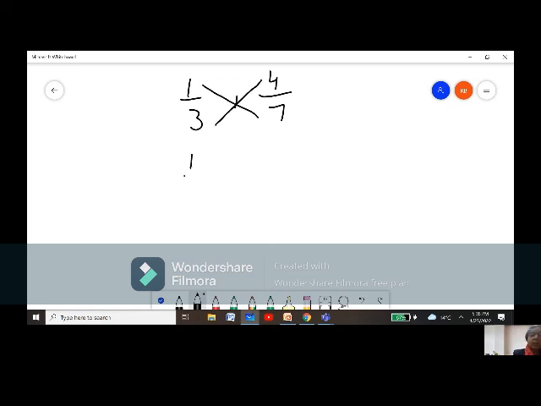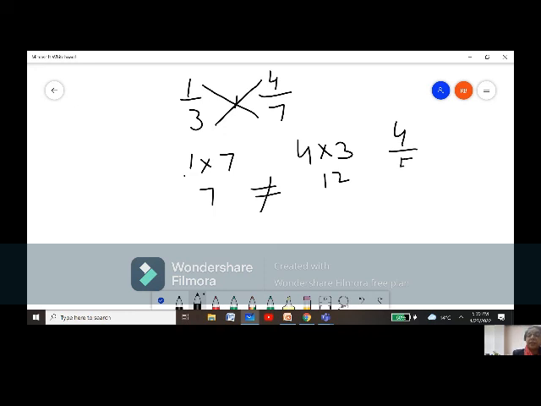That means 1 multiplied by 7 and 4 multiplied by 3. 7 ones are 7, 4 threes are 12. If you do not get the same answer on both sides, that means the fractions are not equal.